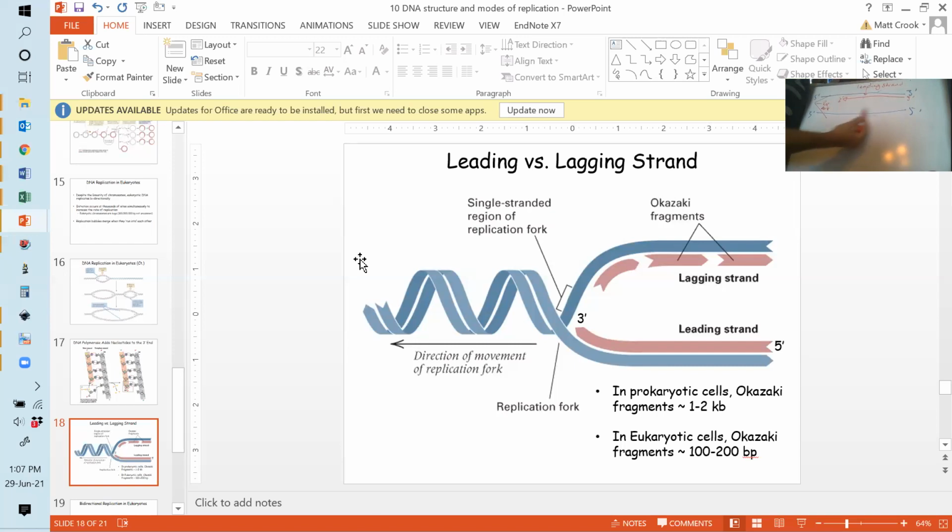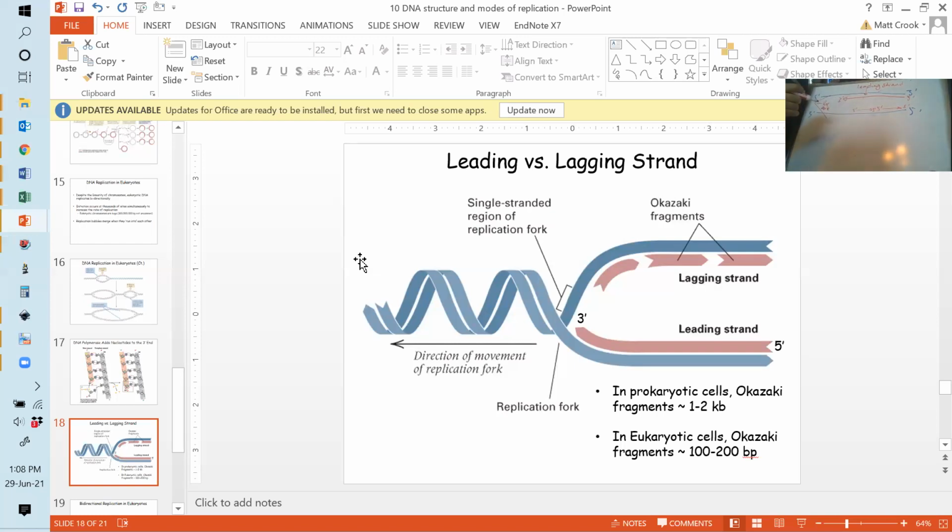So the other one has to be synthesized that way, right? Because it too has to be synthesized 5' to 3'. But because this is 5' to 3', this one has to go in the opposite direction. So for the lagging strand, you synthesize a little bit, and then you stop, and you kick the DNA out, and then you synthesize another little bit.